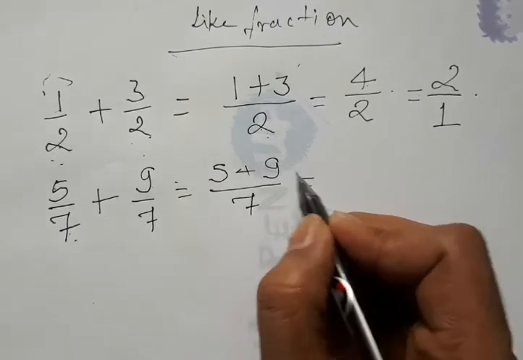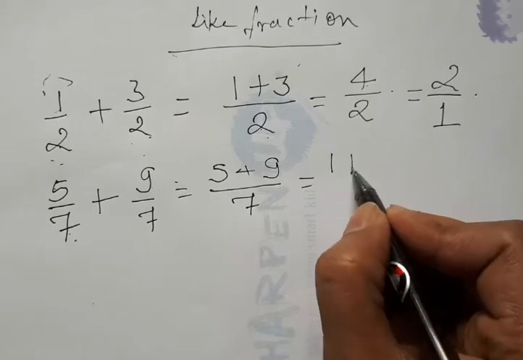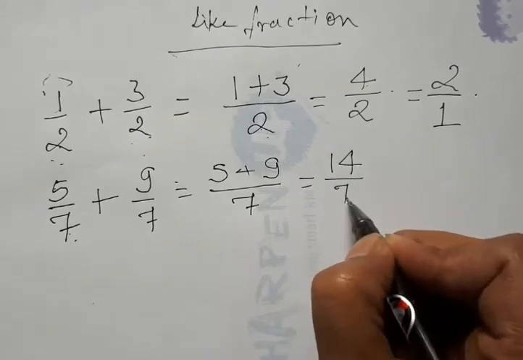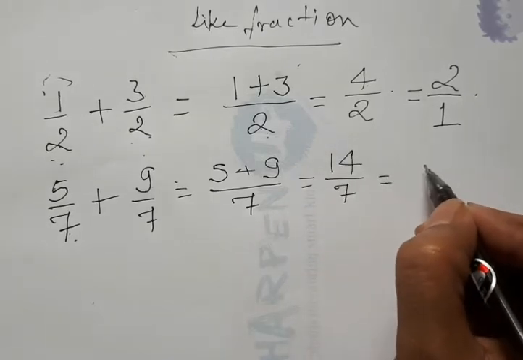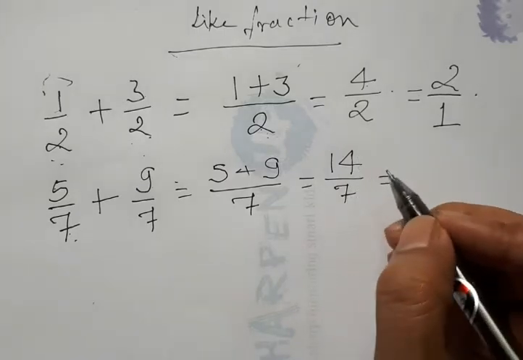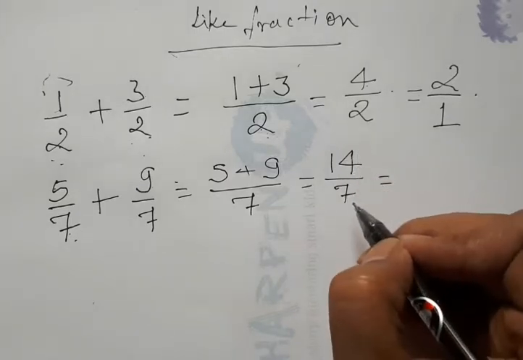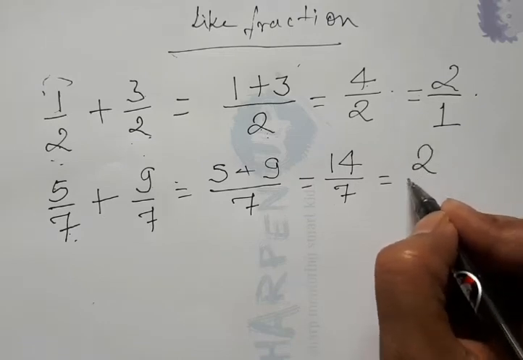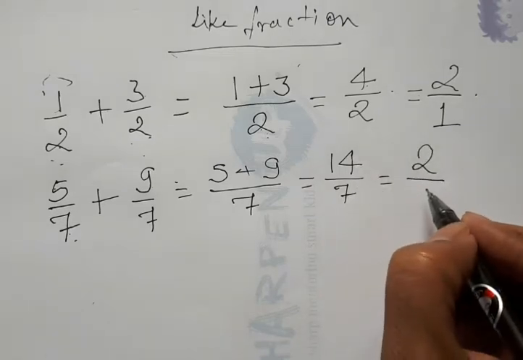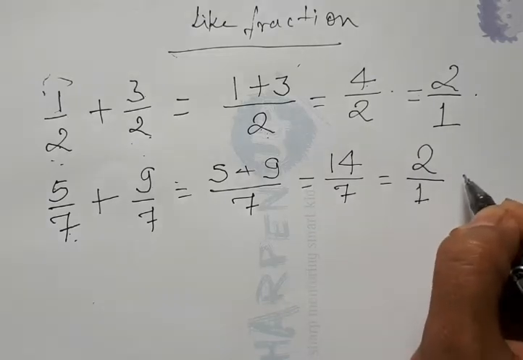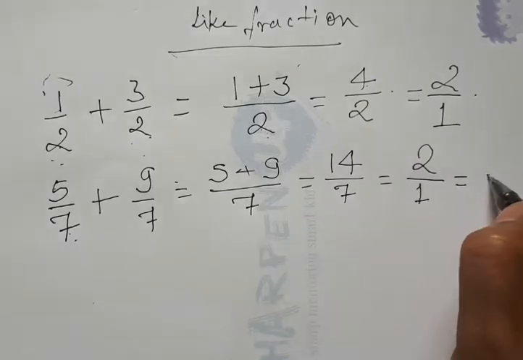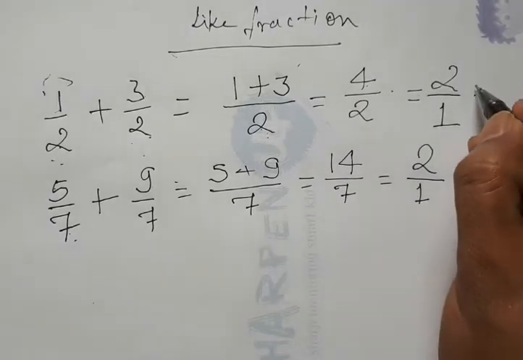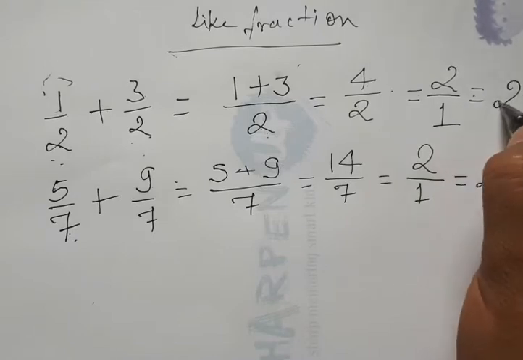What is 5 plus 9? It's 14 upon 7. If I simplify this by dividing numerator and denominator by 7, 7 2s are 14 and 7 1s are 7. So you can simply write it as 2.